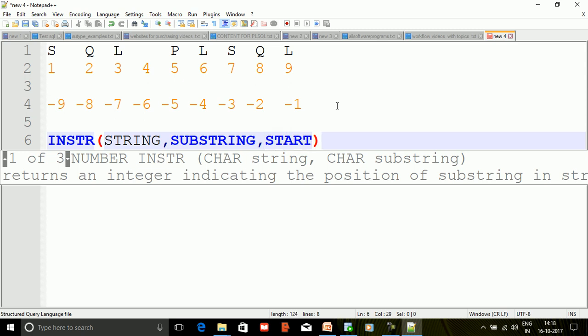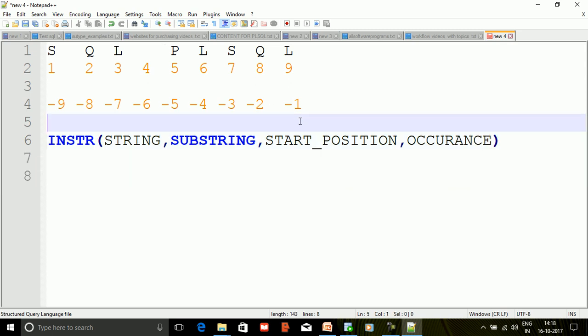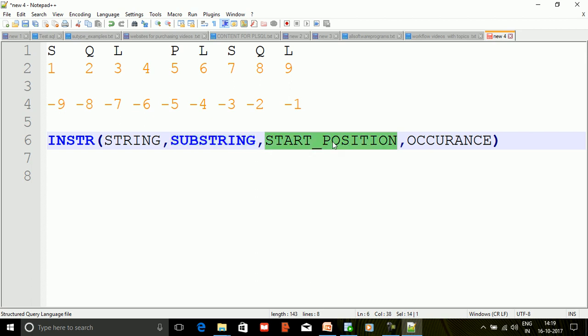And the fourth parameter is occurrence. Occurrence means you want to find the position of the first occurrence of the given substring, or the second, or the third occurrence, from the given start position in this particular string.